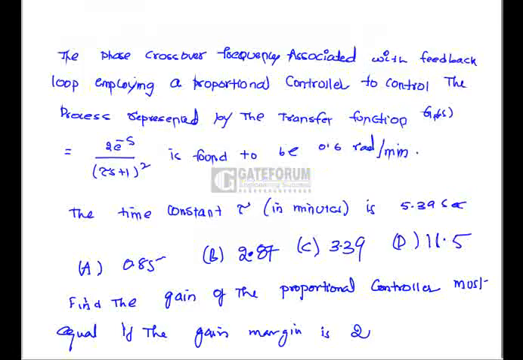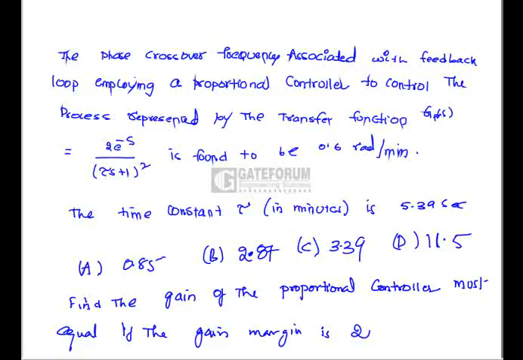The phase crossover frequency associated with the feedback loop employing a proportional controller to control the process represented by a transfer function Gp of S equals 2e power minus S by (1 plus tau S) whole square is found to be 0.6 radians per minute. The time constant is given as 5.39 seconds. Find the gain of the proportional controller if the gain margin is 2.